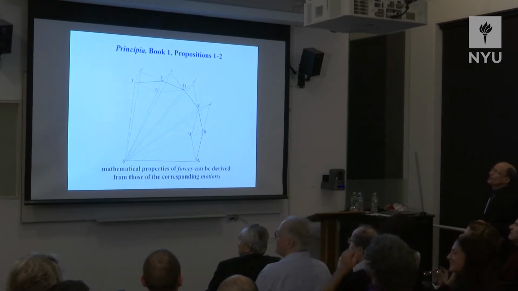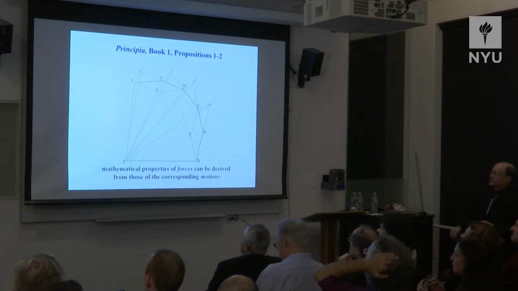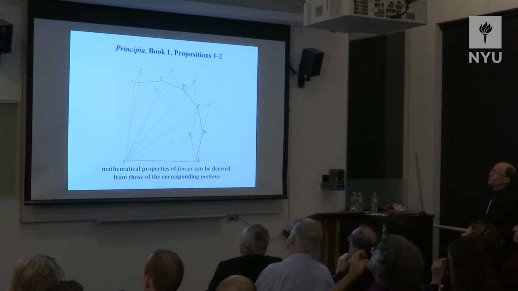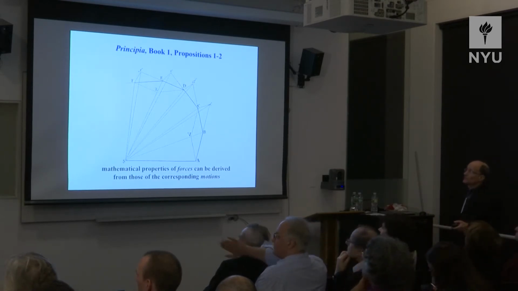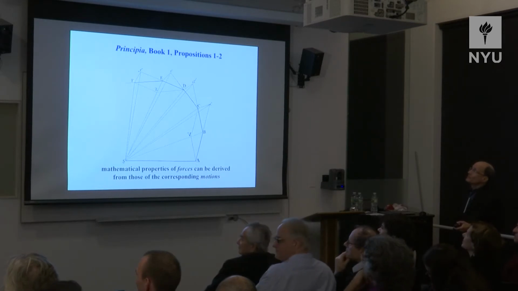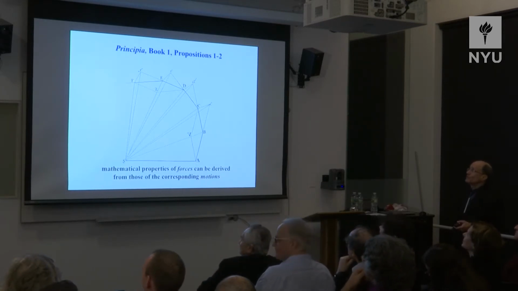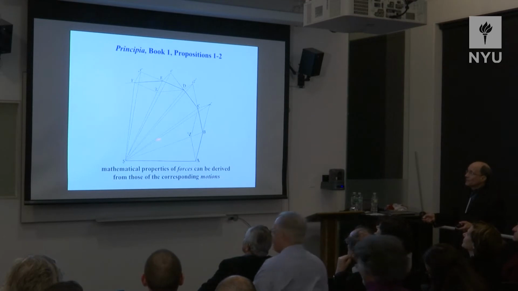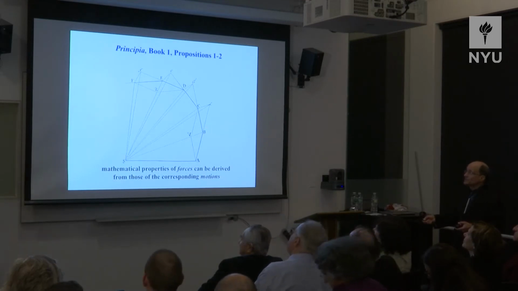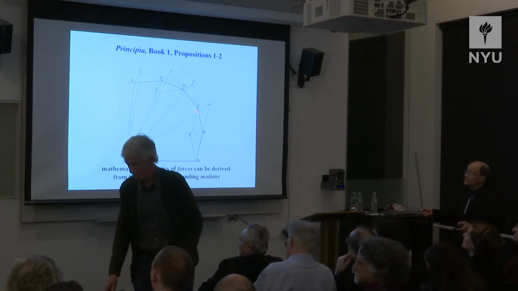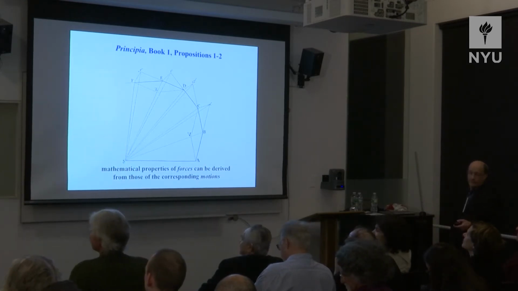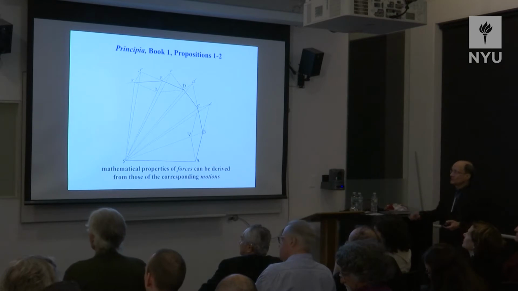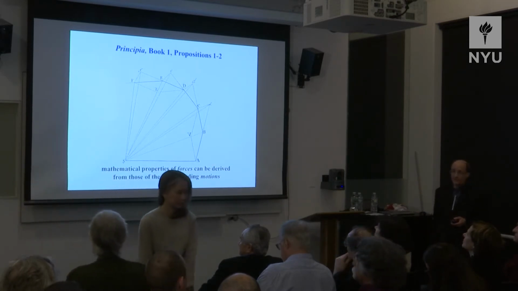So now I'm going to talk about, I'll just show you this picture, which I've shown you before, which is the essential beginning of this method of successive corrections. Propositions 1 to 2 of Book 1, where properties of the force, that is, the centripetal force that is producing this orbit, are related to the motions in the orbit itself. So this is a very basic example of theory-mediated measurement.